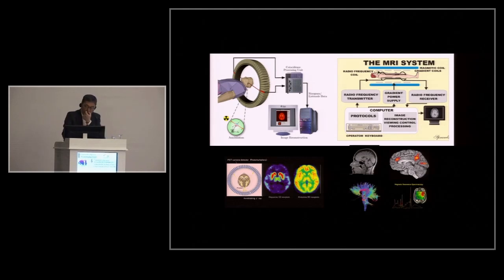We can also use MRI and run four types of imaging: structural imaging, functional connectivity, and diffusion tensor imaging, which can predict the myelin sheaths, and of course, some biochemical markers like NAA for neuron function.